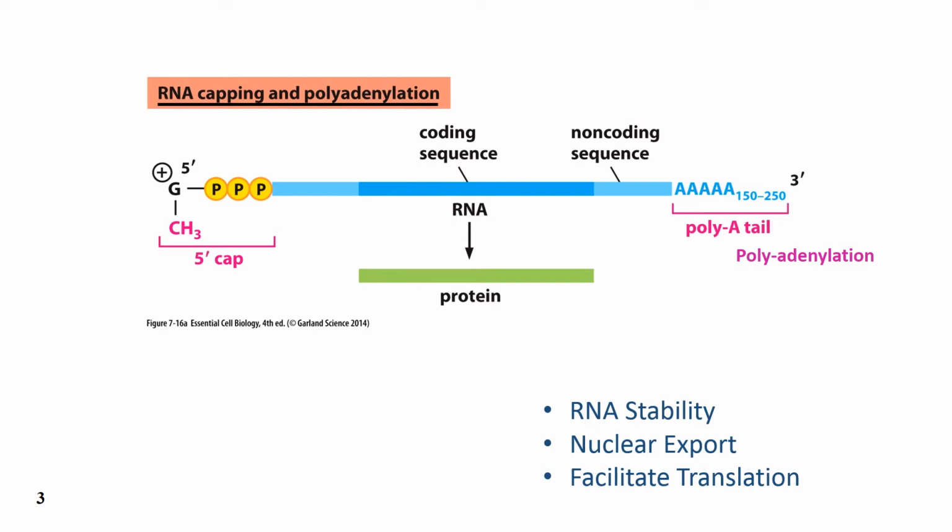And in addition to that, both the 5' cap and the 3' poly-A tail facilitate or make the process of translation much more efficient. We'll start by talking about the 5' modification, RNA capping.